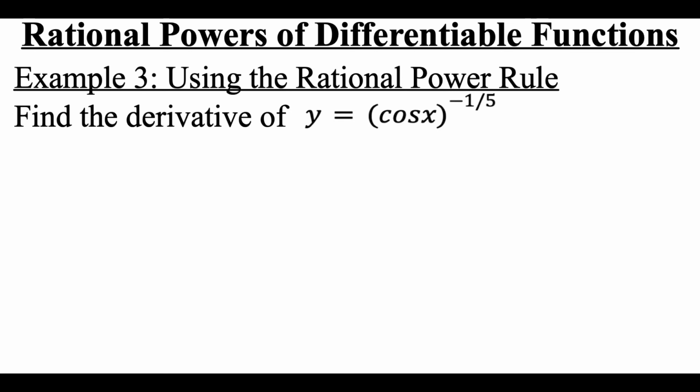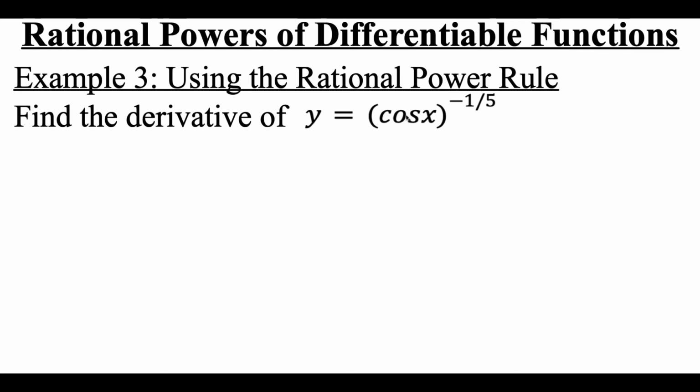Now, sometimes as we're dealing with powers, as we've seen before, we might need to involve the chain rule if we've got some outer and inner functions happening. Looking at this one, we've got y equals cosine of x being raised to the negative 1/5 power. So we've got this outer function with the negative 1/5 power, but then we've got another function happening on the inside with the cosine.